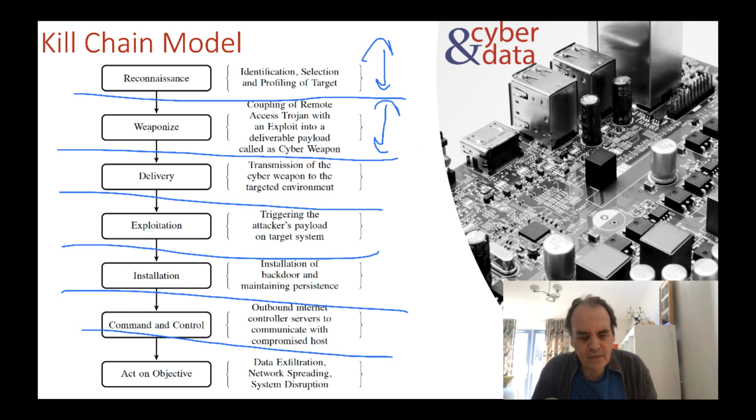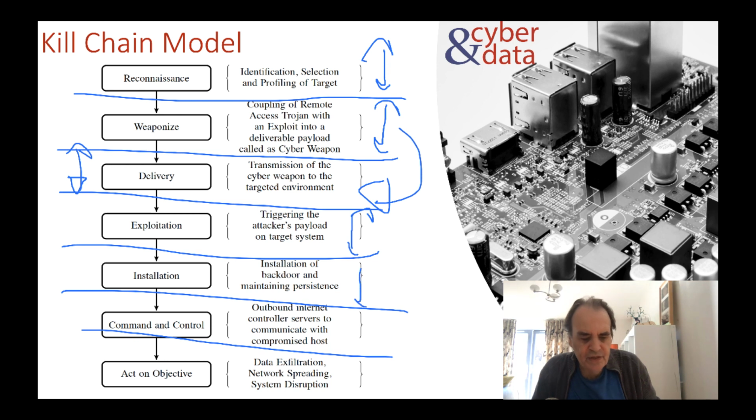Then with that weapon, there needs to be a delivery mechanism, so that might involve a spear phishing campaign, which will then deliver the weapon. There's some form of exploitation where an intruder will trigger the payload to happen. So that might be from a command and control, or it could be time-based and so on.